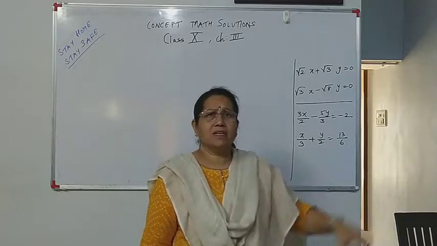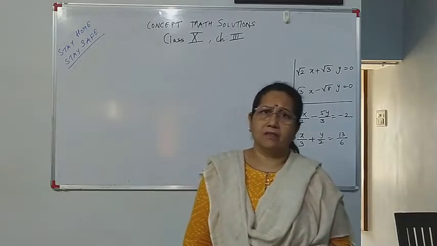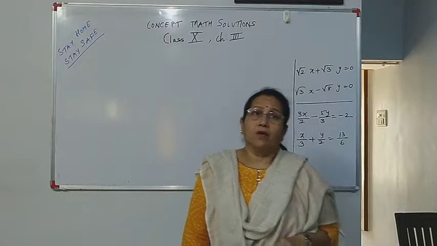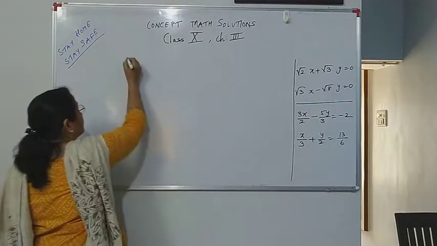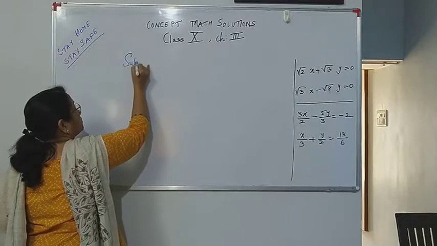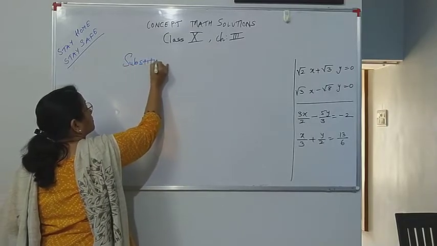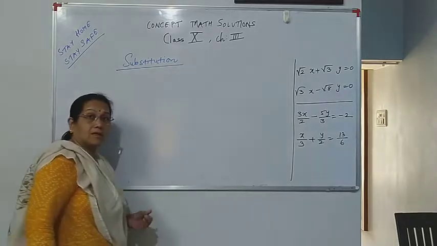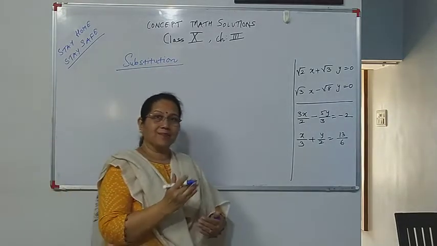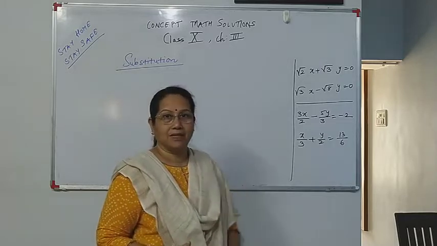There are various methods of solving linear equations in two variables. Today we are going to learn the method of substitution. Now, substitution, that is, if something is missing, you substitute it with some other thing.